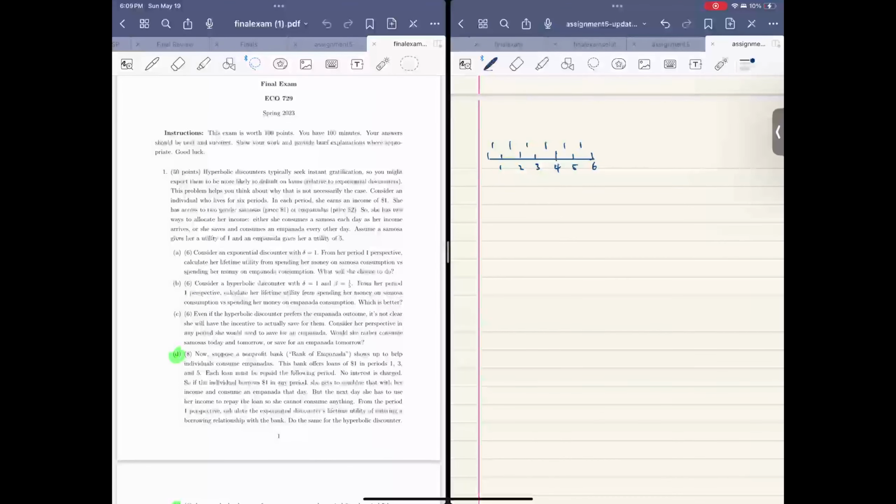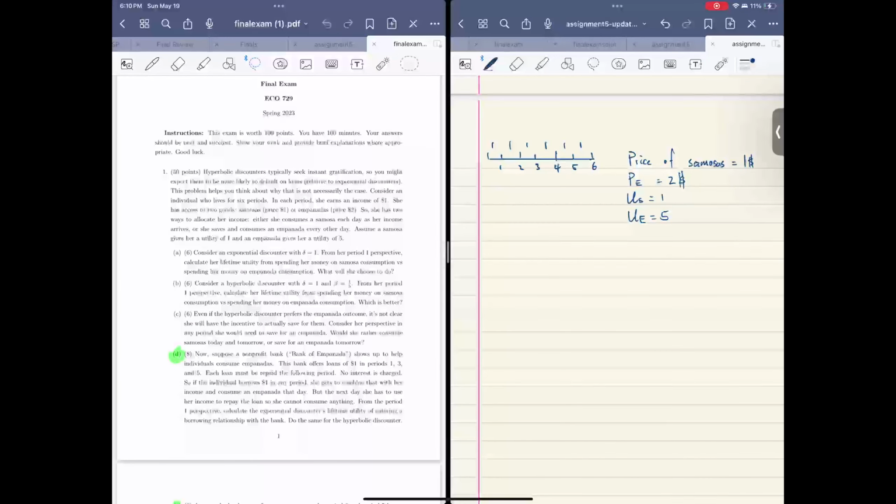So the price of samosa is $1, the price of empanada equals $2, the utility for samosa equals 1, and the utility for empanada equals 5. Okay.